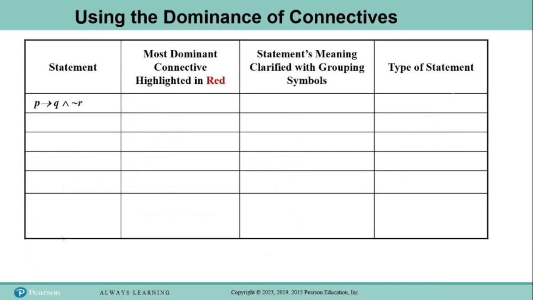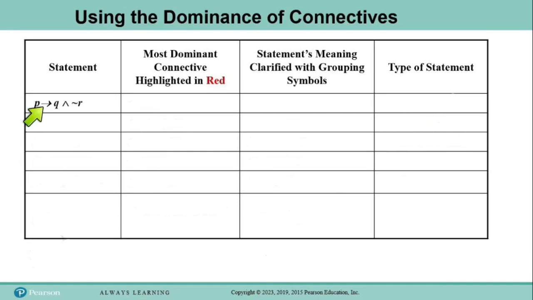Because if you have parentheses, then they tell you what has to be grouped together. But if you don't have parentheses, then you have to figure out what should be grouped together. So that's what we're going to do here. And then we will insert parentheses to not change the meaning, but just make it clearer. And then we'll know what type of statement that we're dealing with.